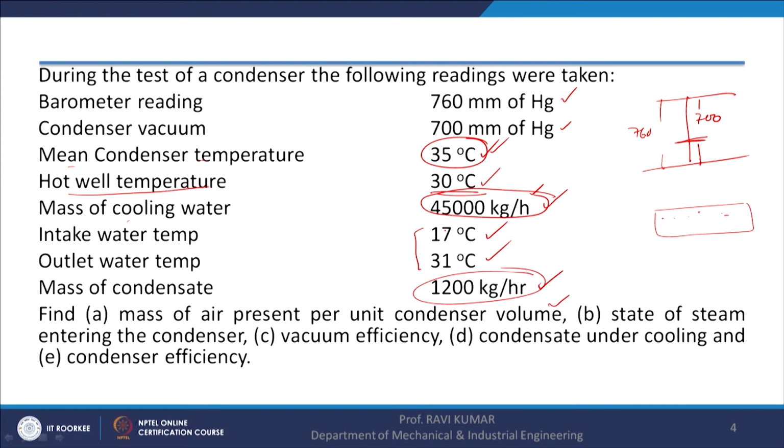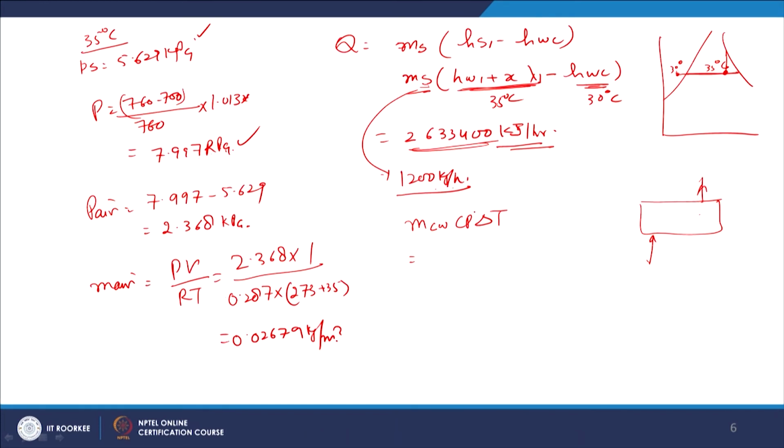So 31 minus 17 multiplied by specific heat of the water multiplied by 45,000 divided by 3600 will give you the heat removal in kilowatts, and that is coming around 2194.5 kilowatt.